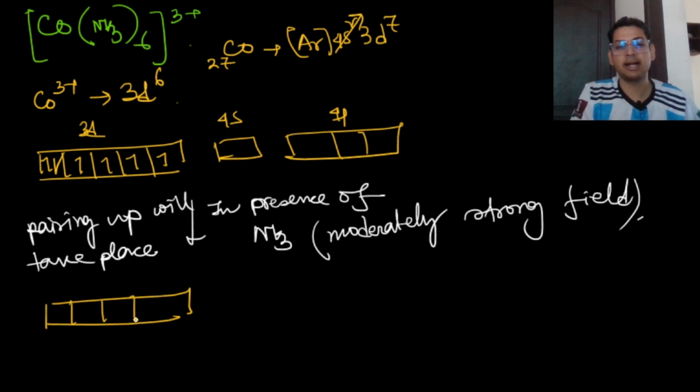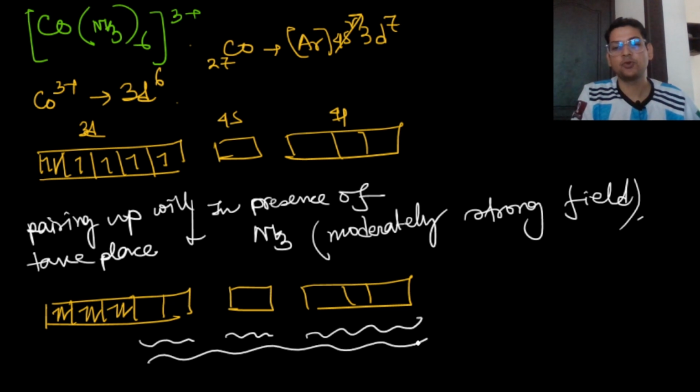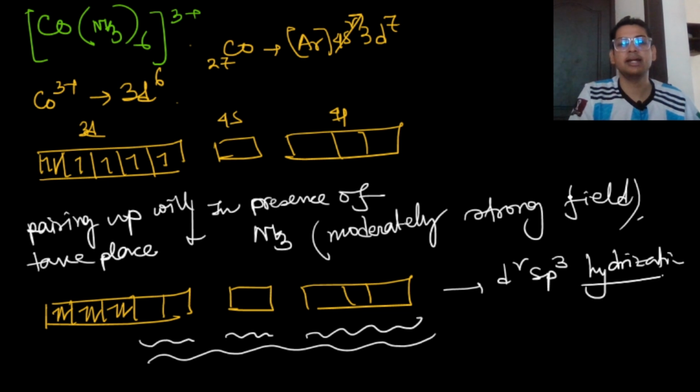So if pairing up takes place, then it should be like this. Yes, 4s and 4p will be like this. Then sir, from here I am getting 2d, from here I am getting s, from here I am getting p3. So totally I am getting d2sp3 hybridization. Sir, NH3 will come here, right?